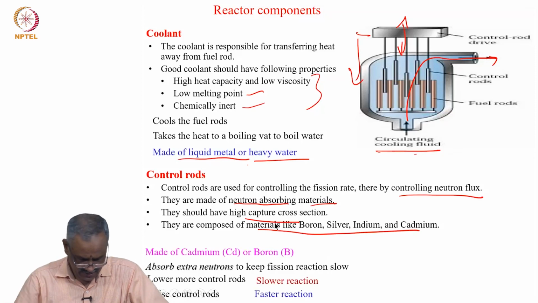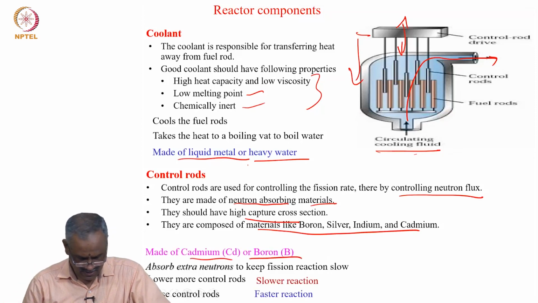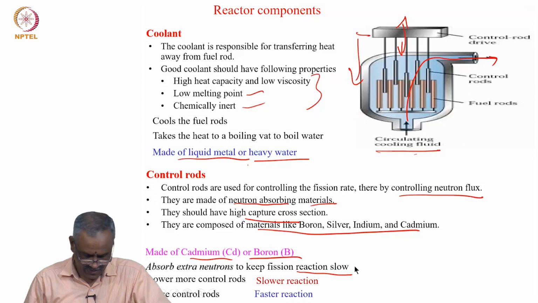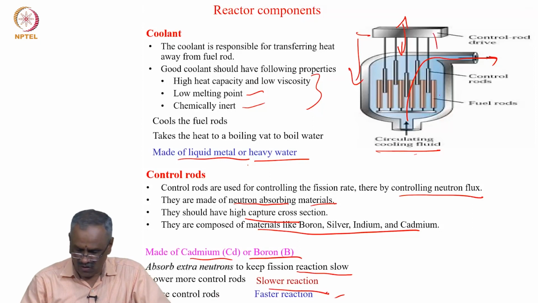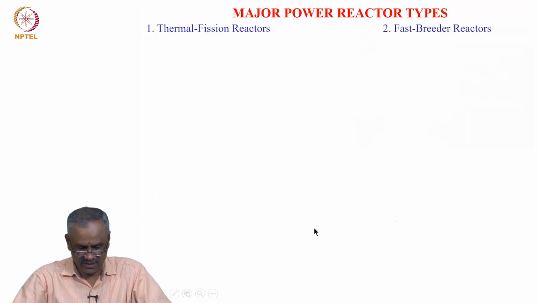Mainly they are made of cadmium or boron, and they absorb extra neutrons to keep the fission reaction slow. That is why we use control rods. Lowering the control rods means a slower reaction, and raising the control rods means a faster reaction. If you push it down, the reaction becomes slower, and if you pull it up, the reaction becomes faster. This is the basic concept.